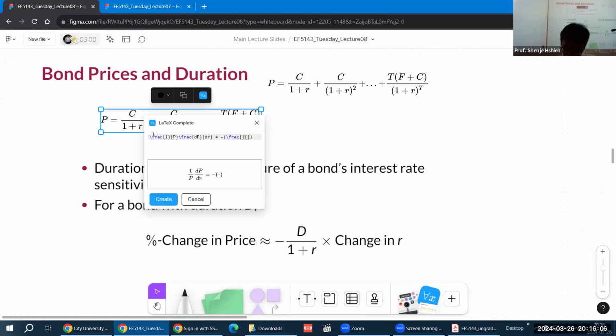It's going to be negative, pull this out, 1 over 1 plus r, and then it will be c divided by 1 plus r, plus 2c over 1 plus r squared, plus dot dot dot, plus time T times the final cash flow plus c divided by 1 plus r to the capital T. And then 1 over P.